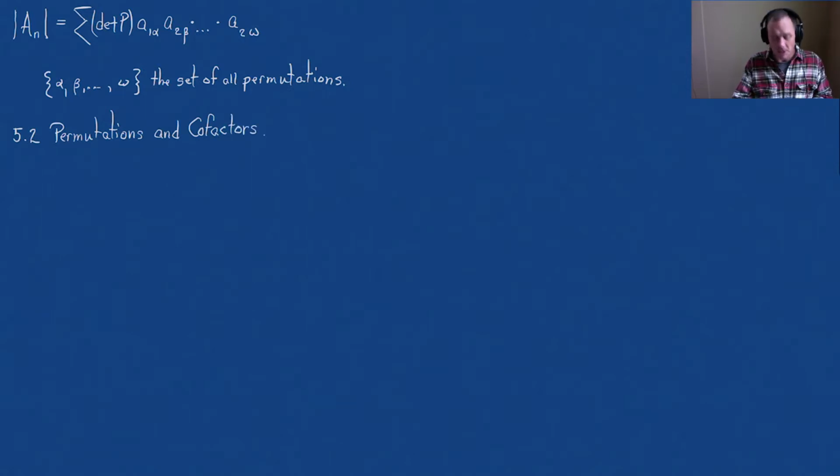And let's apply this. So we're going to find the determinant of A3. So now here's how that formula gets adjusted. It's going to be the sum of the determinant of P times A1 alpha, A2 beta, A3 gamma. I think the third letter is gamma, and if it's not, well, it is now.